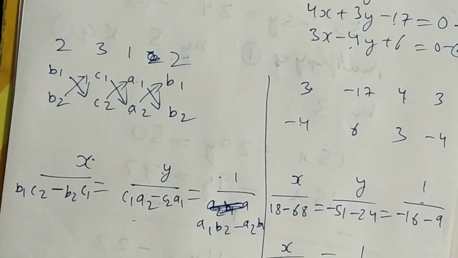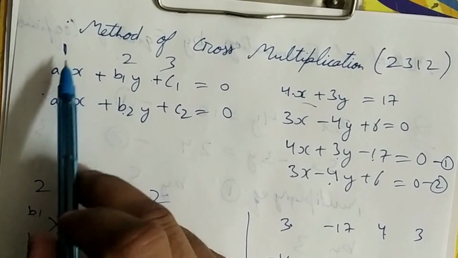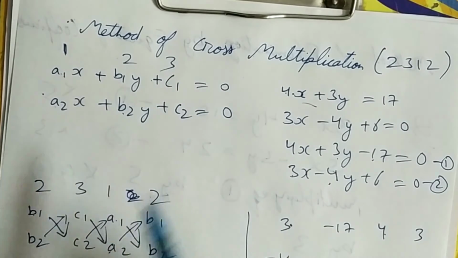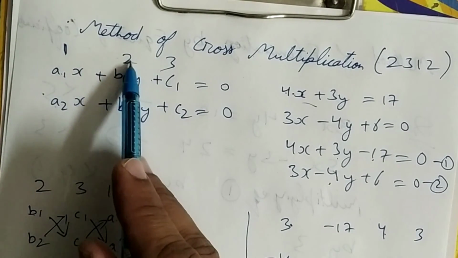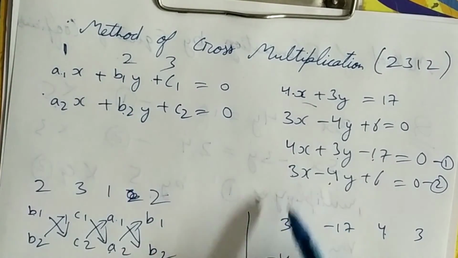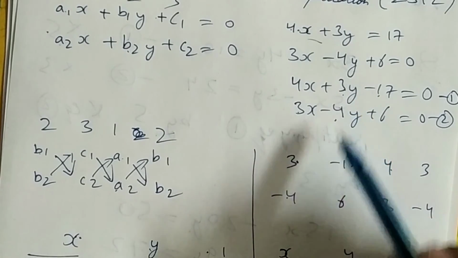Then the 2 3 1 2 method. This is your first term, this is your second, this is third. So write here 2 3 1 2. So what are the second coefficients, b1 b2? The second coefficients are 3 and minus 4.